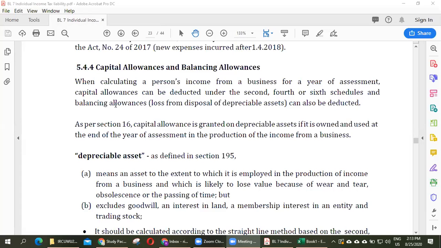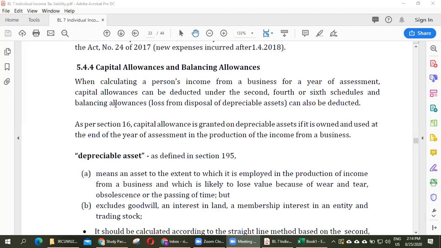Normally in company accounts for property, plant and equipment, LKAS 16, when any assets are sold, we calculate what? Profit on sale of asset.